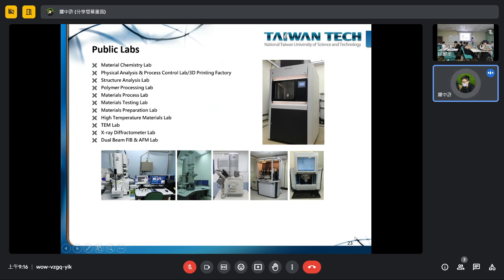You can see the atoms using, for example, high resolution transmission electron microscopy. You can also do some cutting: you can cut the sample using focused ion beam, and you can do some characterization of your crystal using XRD. So these are the tools that we usually use in our department.